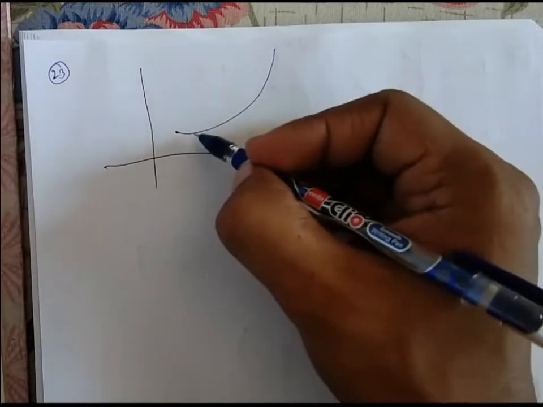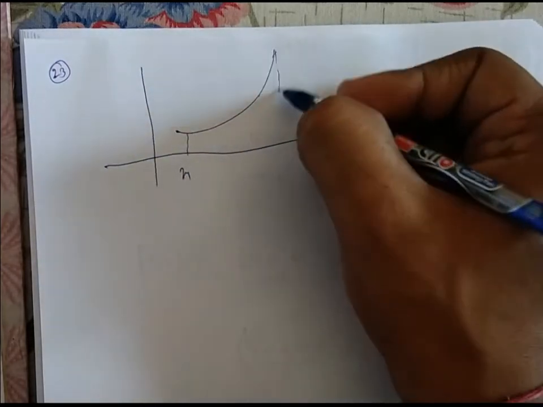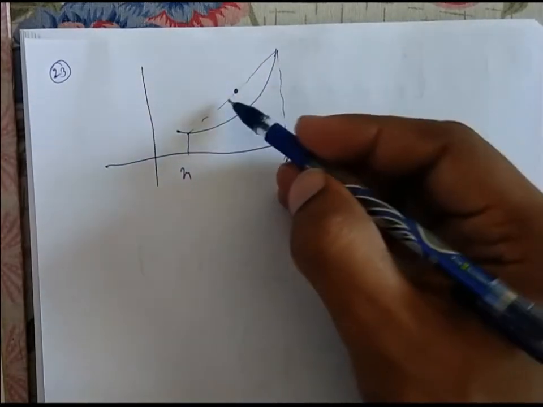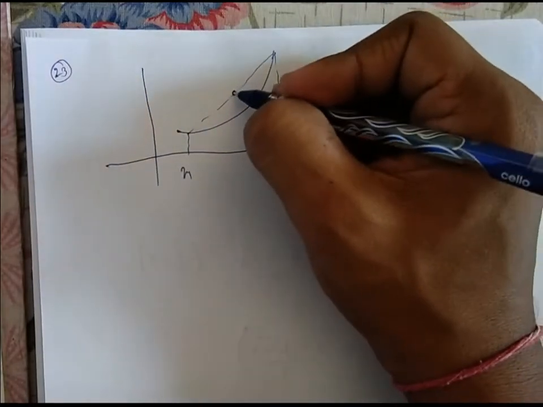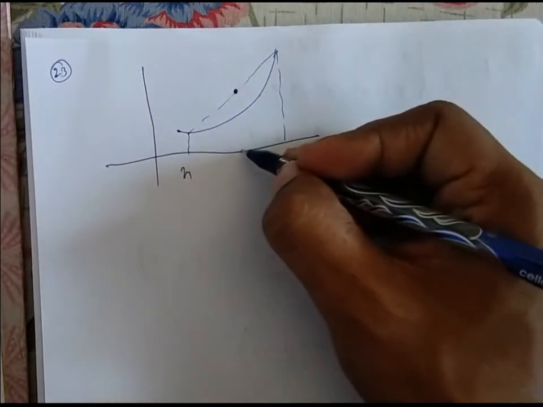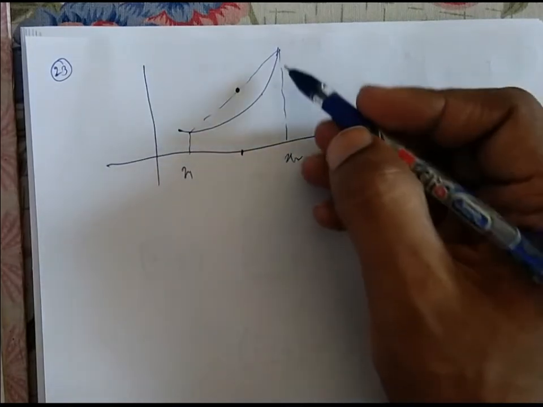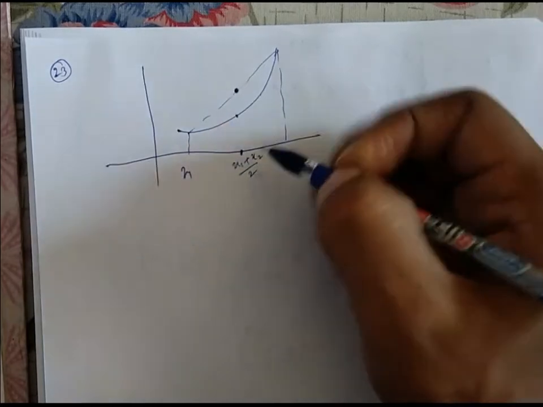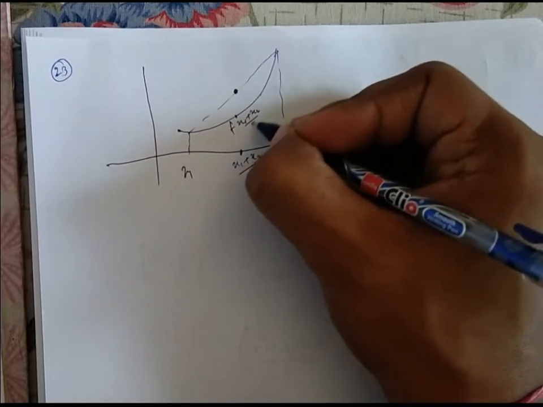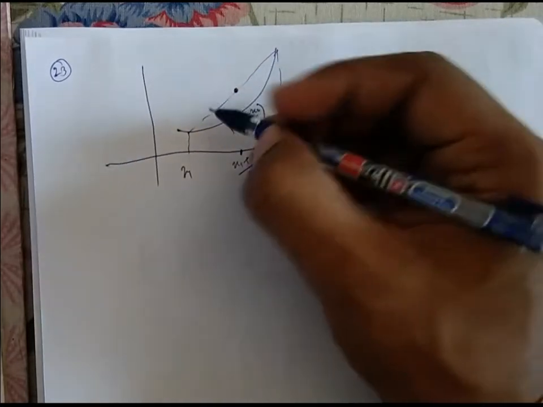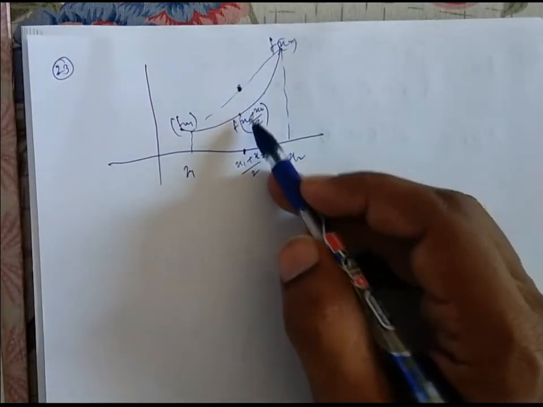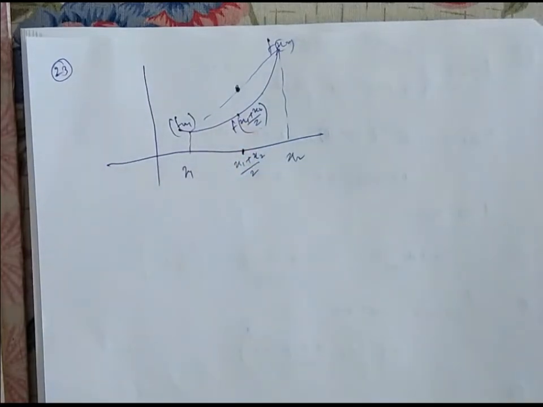Okay, so if this is the graph, this is x1, this is x2, this value would be f of x1 plus f of x2 by 2, and this particular value would be f of x1 plus x2 by 2. So for upward opening, f of x1 plus f of x2 by 2 will be greater than f of x1 plus x2 by 2.